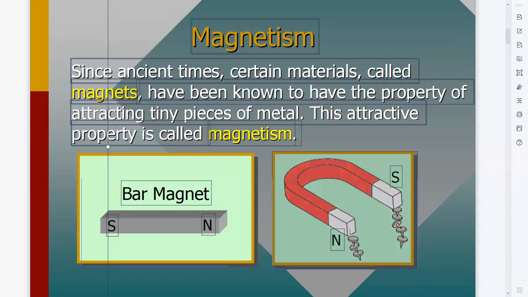So this is the attractive property of magnets, and this attractive property is called magnetism.